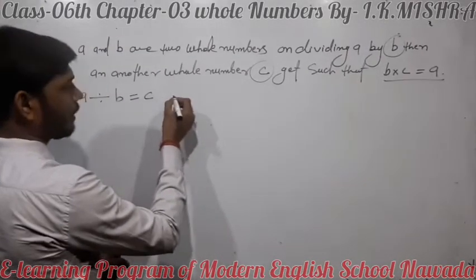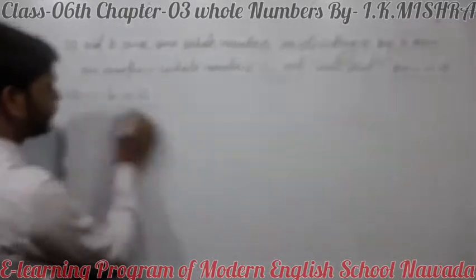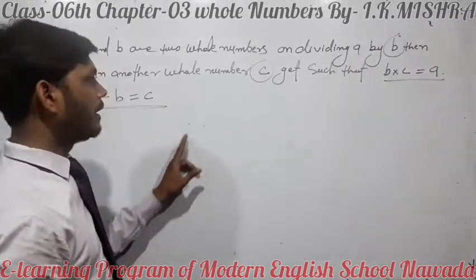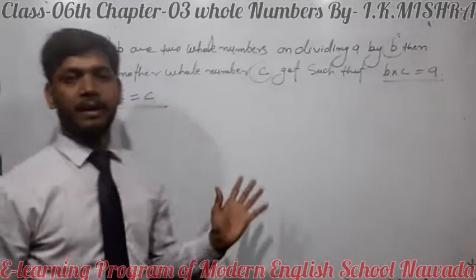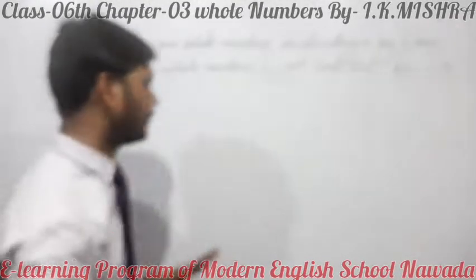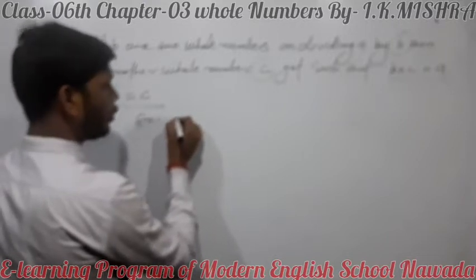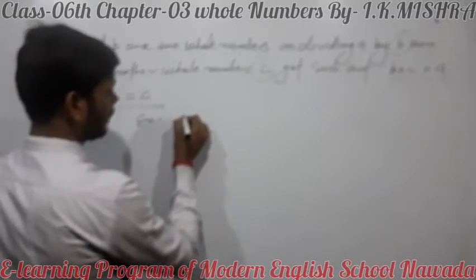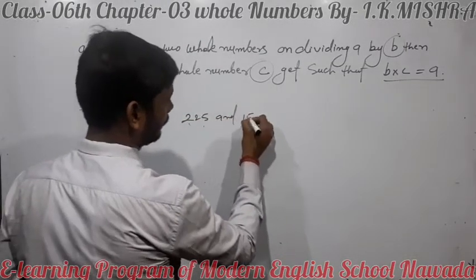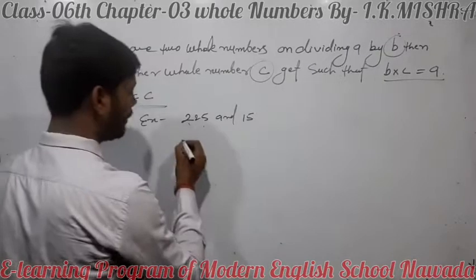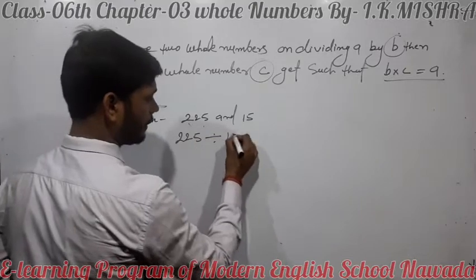Students, this is known as the division process of a whole number. It will be clearly understood by an example. Suppose two whole numbers, 225 and another 15, and you divide 225 by 15.